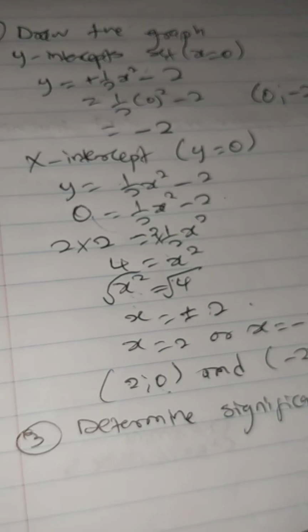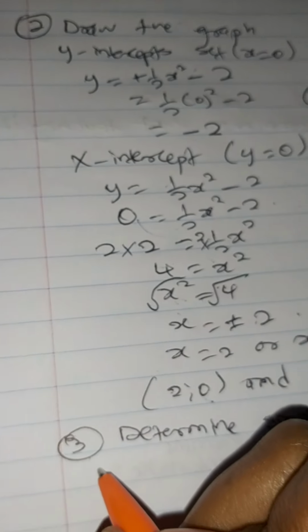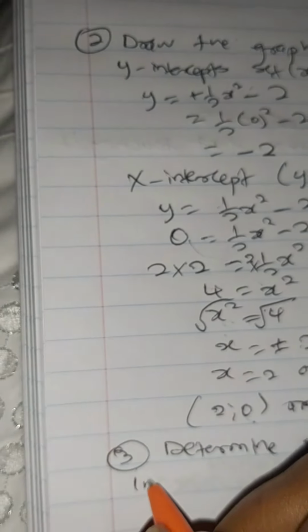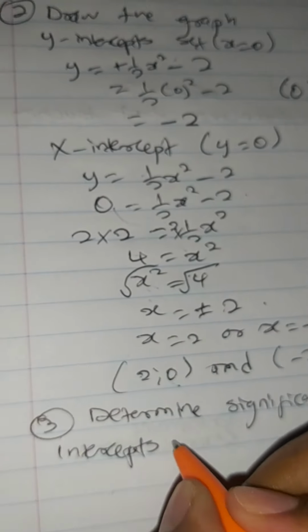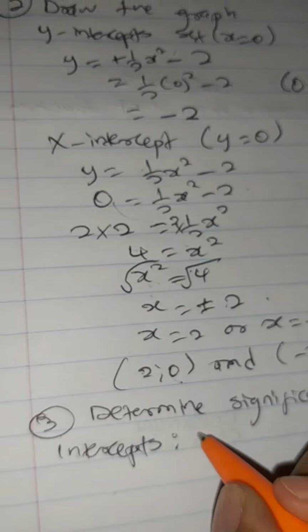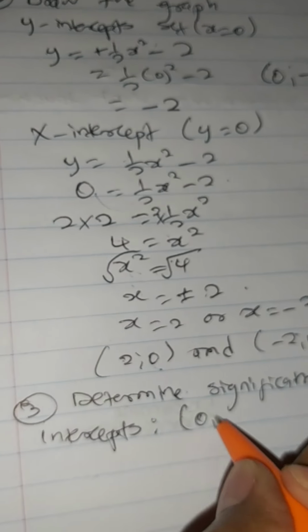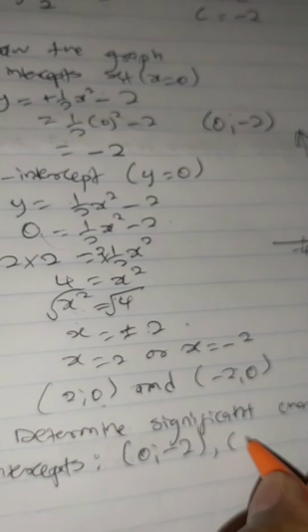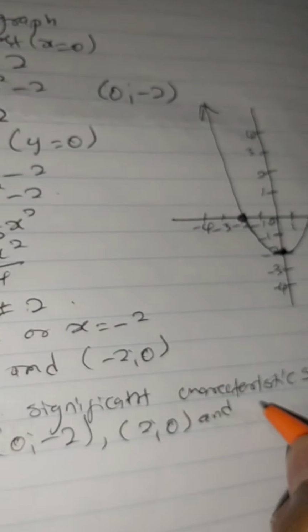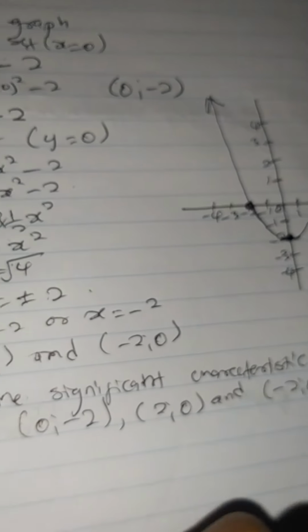You get the intercepts, which we have 0 and minus 2. We've got 2 and 0, and we've got minus 2 and 0.